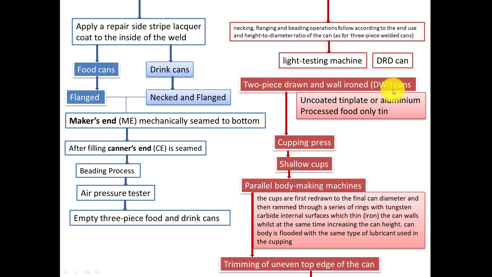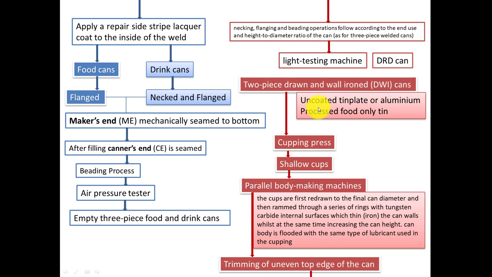The purpose is that if we pack any food product in a metallic can, the cost of the packaged product is mainly due to the canning material. So to optimize the cost of the product, we have to minimize the use of this metallic material, and it can be achieved by thinning of the wall.